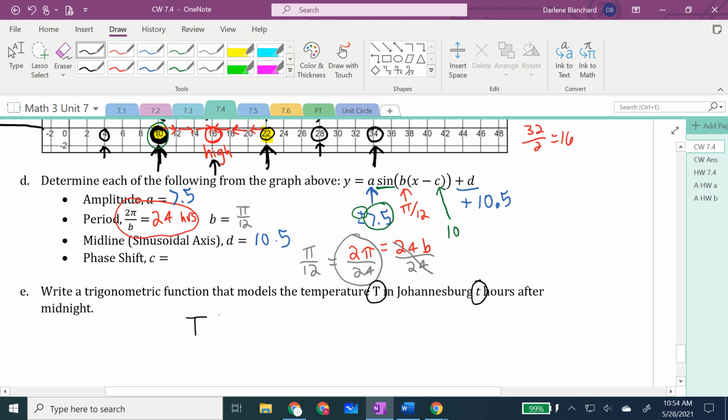So that means capital T for temperature with respect to time, lowercase t, is equal to positive 7.5 times the sine of pi over 12 times x minus 10, and then plus 10.5.